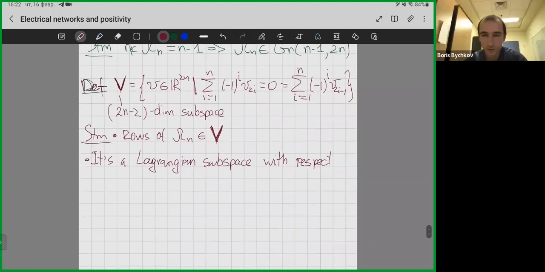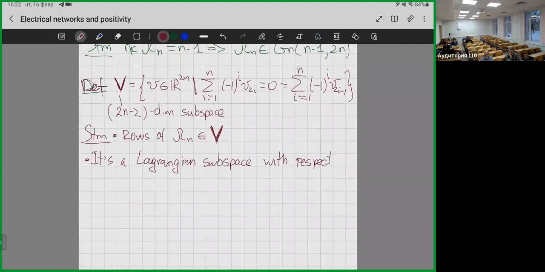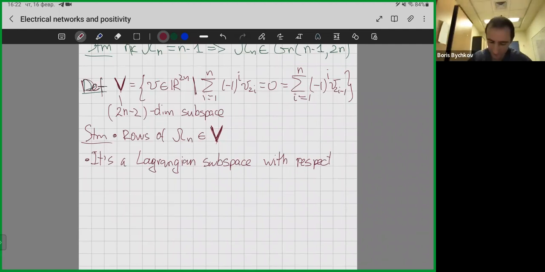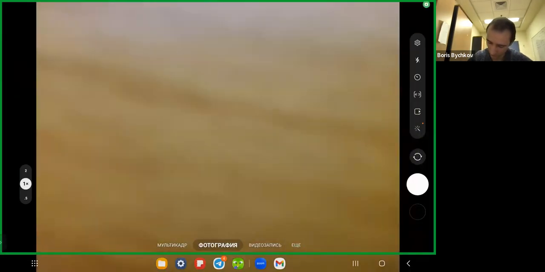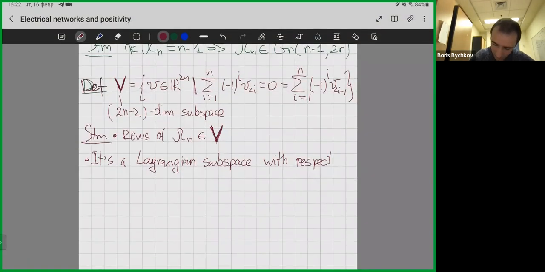Не V является Лагранжевым подпространством, а точка омега n задает Лагранжево. В смысле, написано плохо, я прошу прощения.